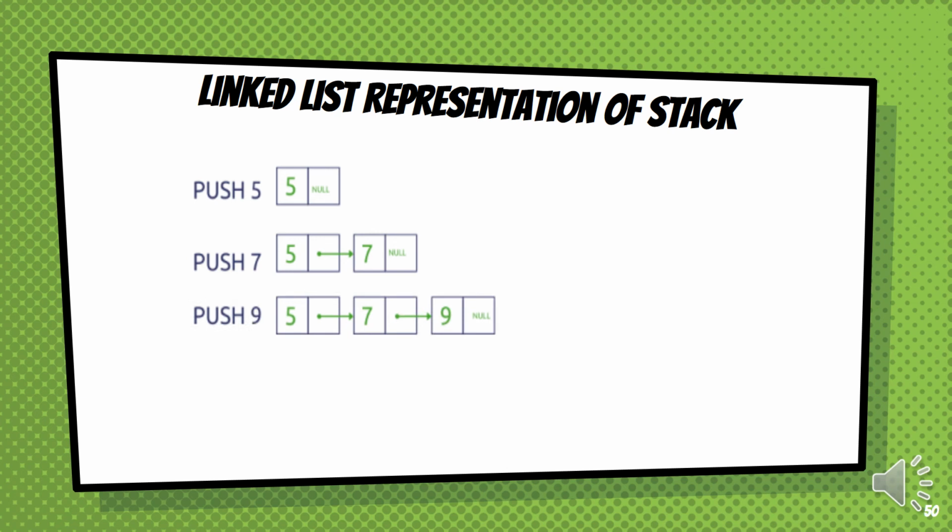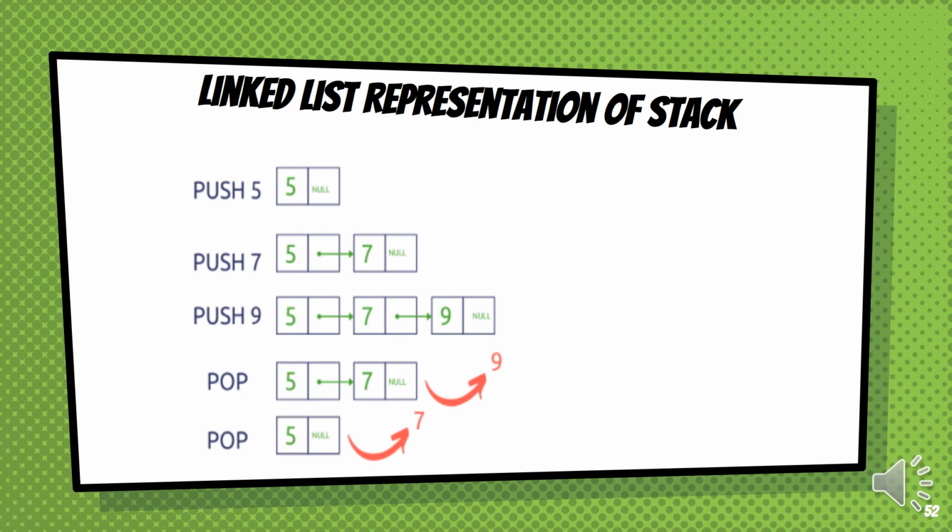Then we insert 9, so 7's null will store the address of 9. Then we do a pop operation. In pop we delete the top element, which is 9. So we delete the 9 here, and then after 9 we delete the 7. So that is our linked list implementation.